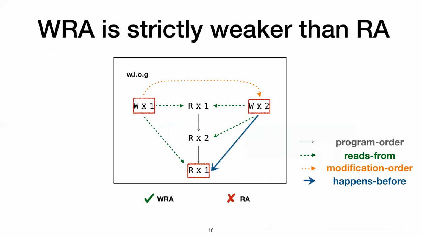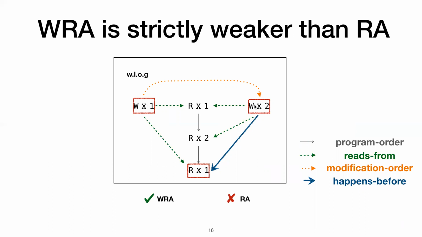So quickly, let's see if we now analyze this in release acquire. Without loss of generality, we have modification order from here to here, then this thread now cannot read one under release acquire because it is already aware via this path of this other write that is later than this write, even though there is no happens before, because we use modification order to check for which write is overwriting which write.